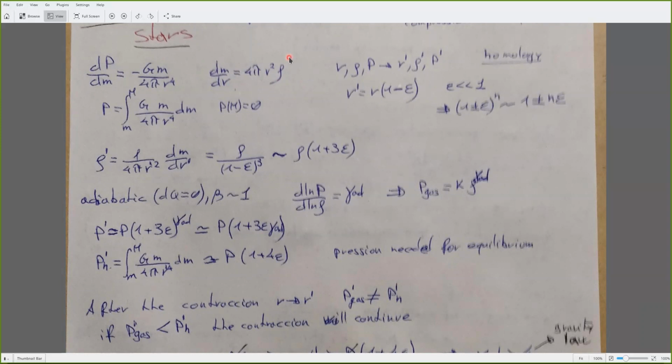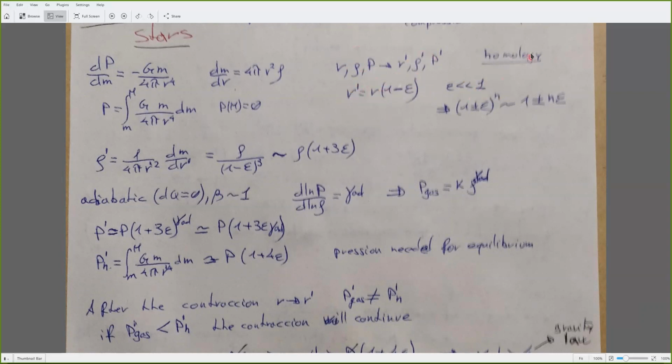As before, we apply a little modification, a compression. We pass from the variable R, density and pressure to the same with a prime, after the compression, and we can express the new radius as the radius multiplied by 1 minus epsilon, with epsilon really small.